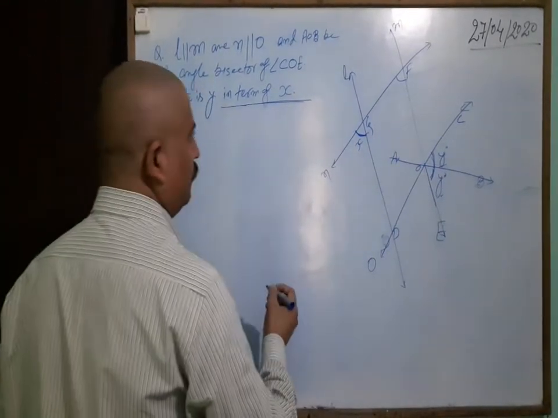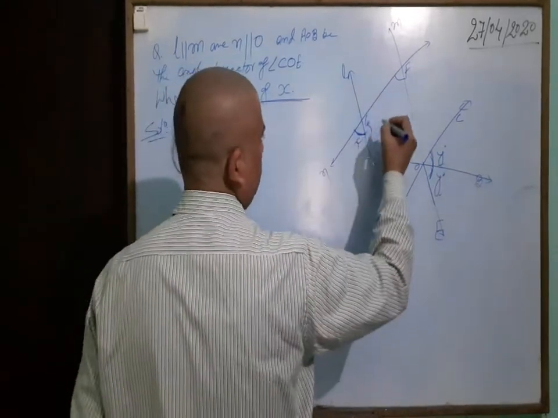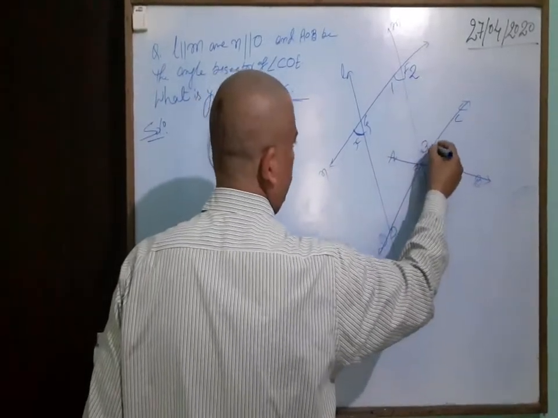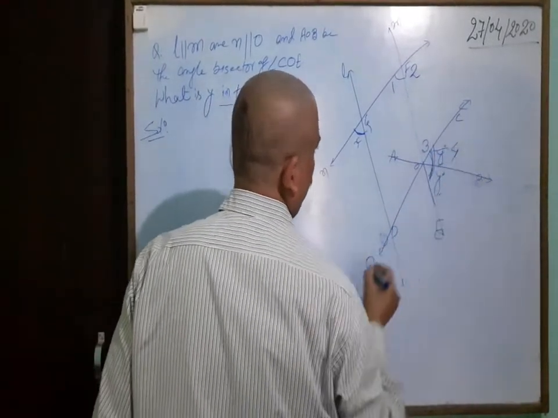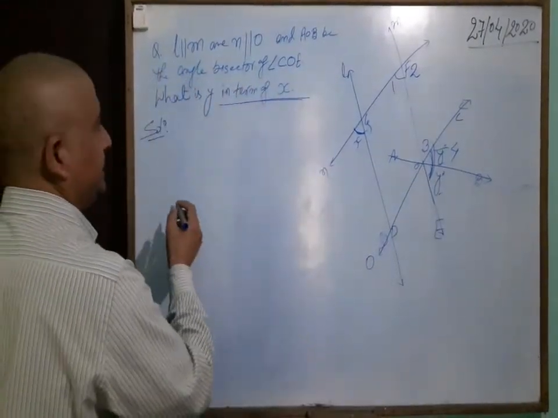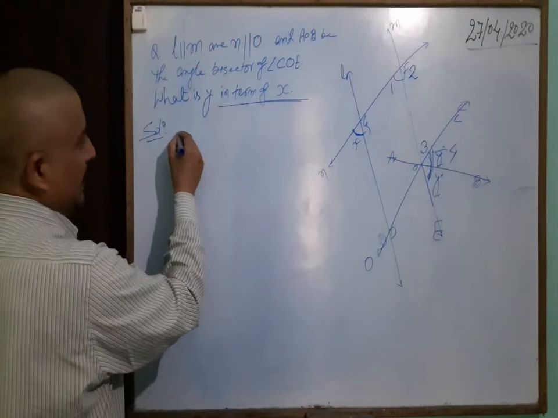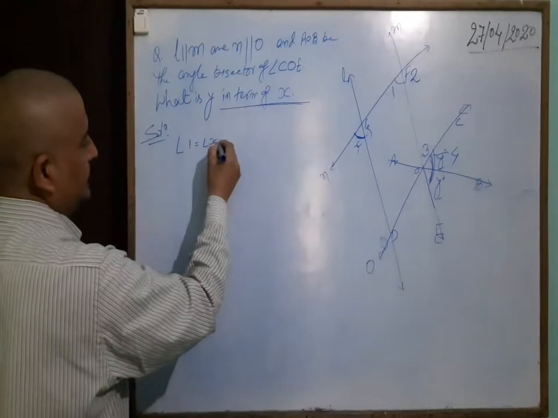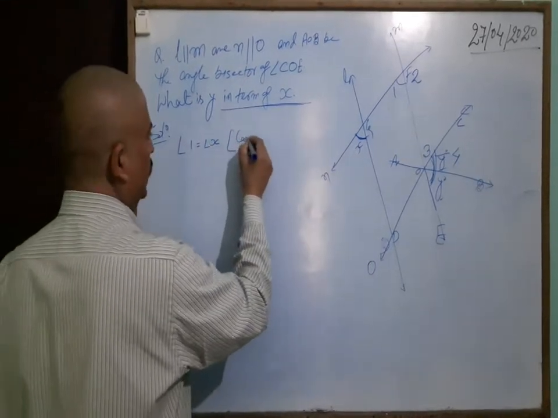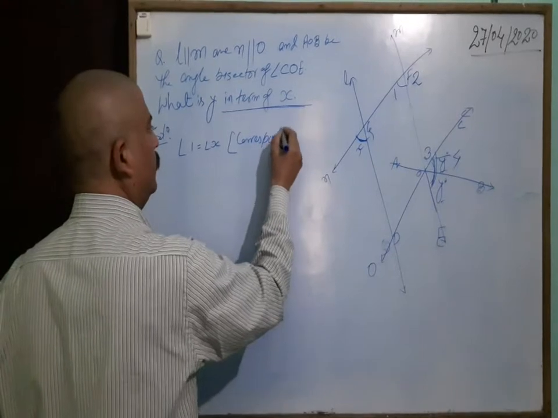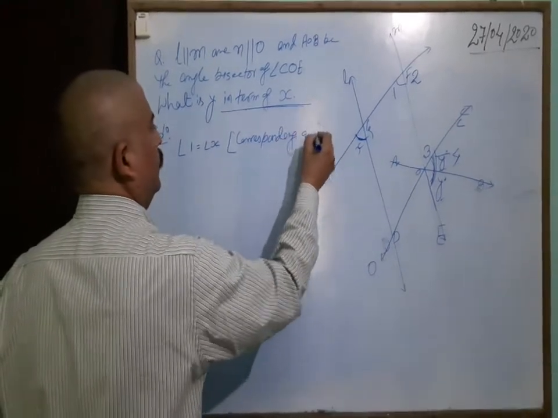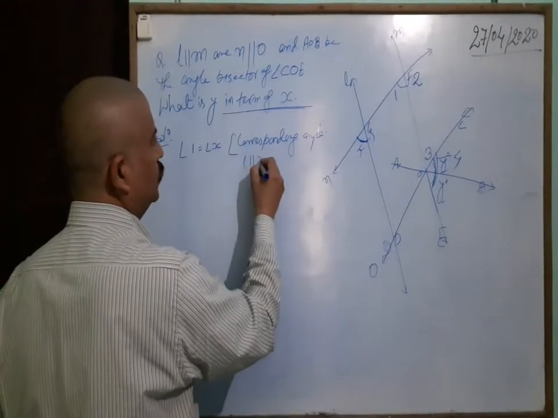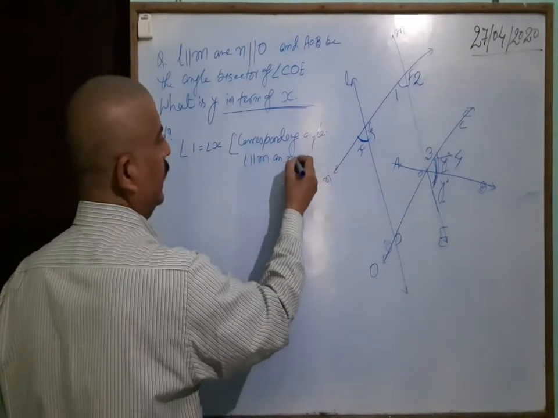First of all, you just assign the angles 1, 2, 3, 4. So angle 1 equals angle x, corresponding angles, since L is parallel to M and N is the transversal.